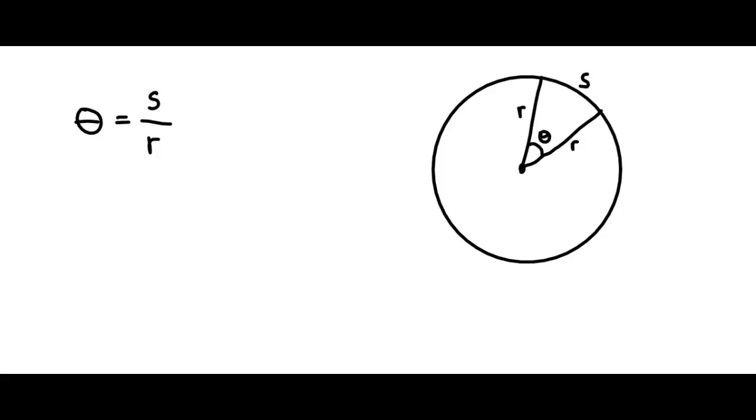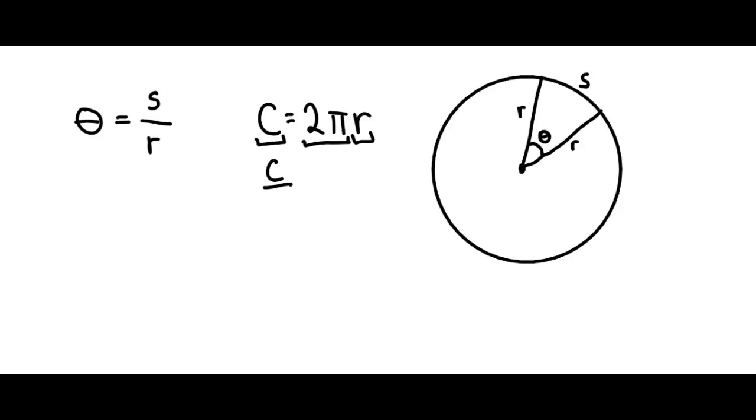It turns out that if you were to measure the arc length or the circumference around the entire circle, you're going to get a ratio of the circumference to the radius being 2 pi. And you may be familiar with the equation that represents that: circumference is equal to 2 pi times r. So if this 2 pi was my angle, the arc length ratio to the radius is going to be 2 pi.